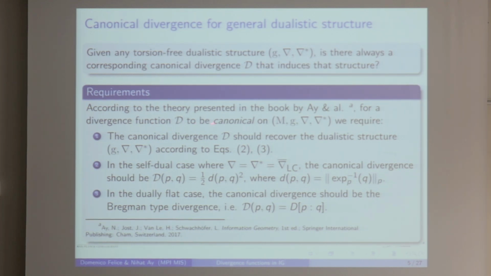And in the dually flat case, it has to be the Bregman divergence introduced by Amari and Nagaoka. So this is our target.